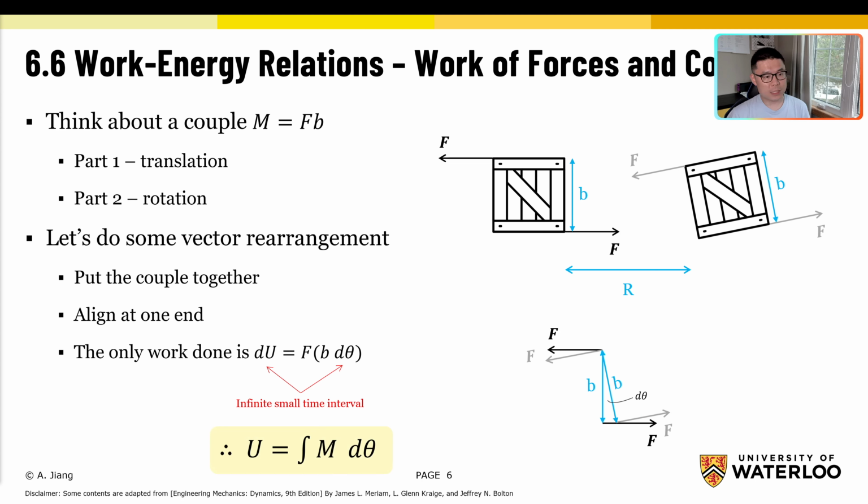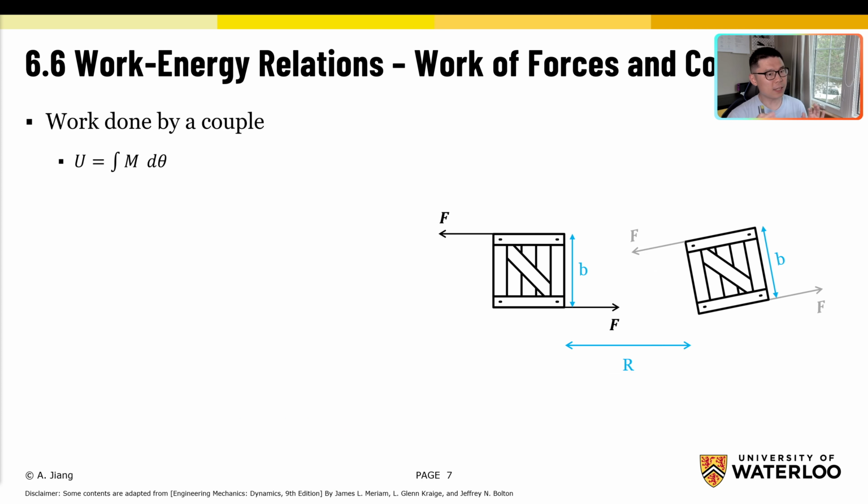Also, since our couple F b equals M, the moment, we can conclude with the general equation to calculate the work done by a couple, that is U equals integral M d theta, because F b equals M. So this is essentially combining F b to become M, doing the integral.